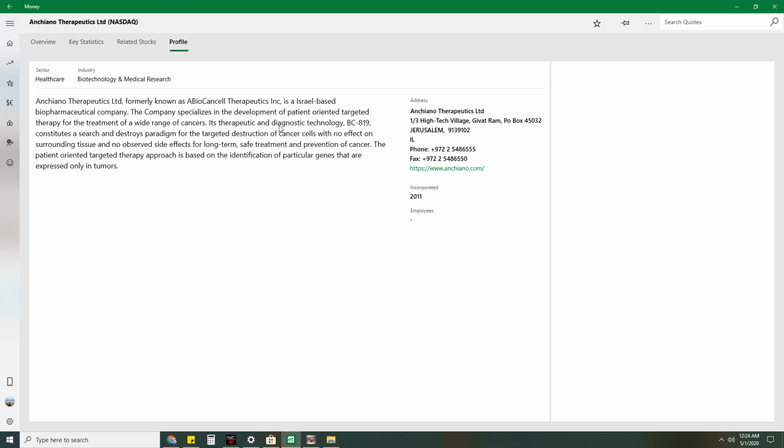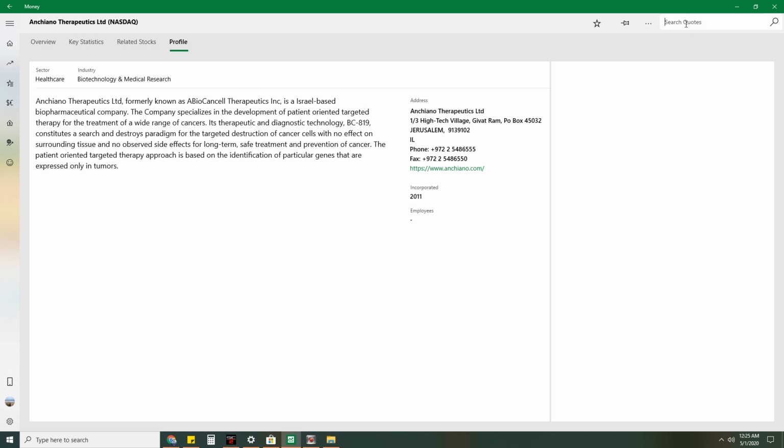So far things are not looking good. It says it was incorporated in 2011. It's not even showing any employees, so they haven't released how many employees actually work for this company. That's a big red flag on whether or not you should invest in it.